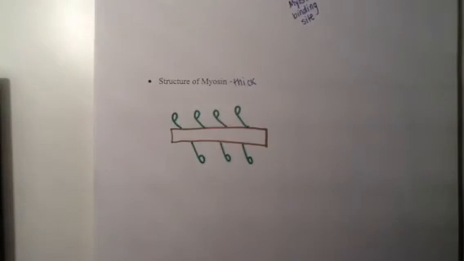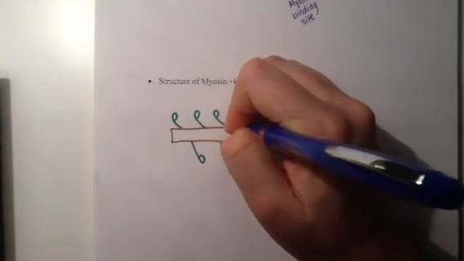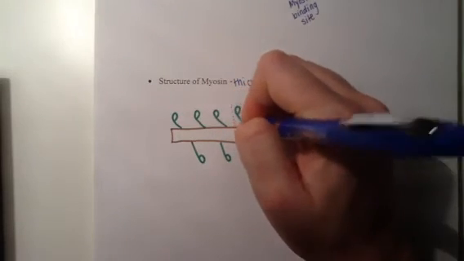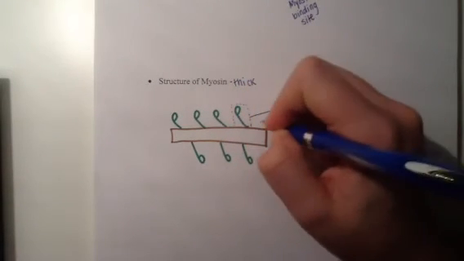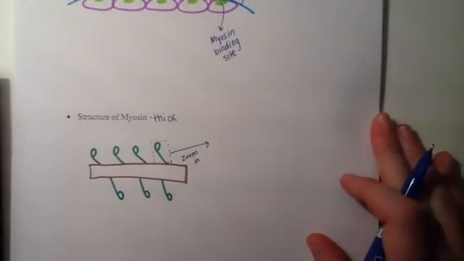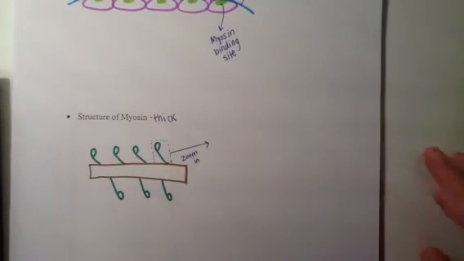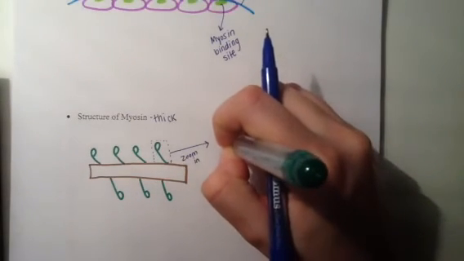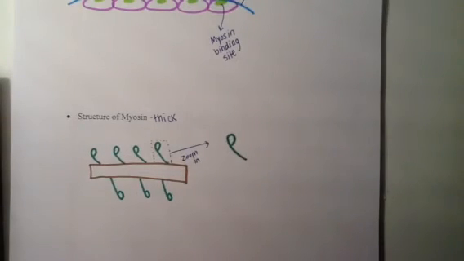Okay, so on the actual myosin head, I'm going to zoom in on one of these in particular. I'm just going to write zoom in on just a myosin head. On that myosin head, there are two spots. One spot is going to bind with actin. Let's see if you can see that.